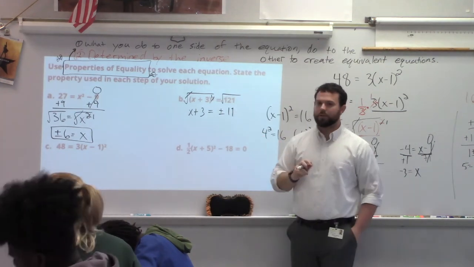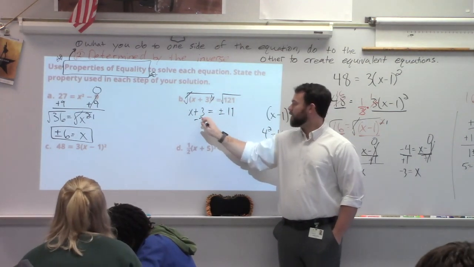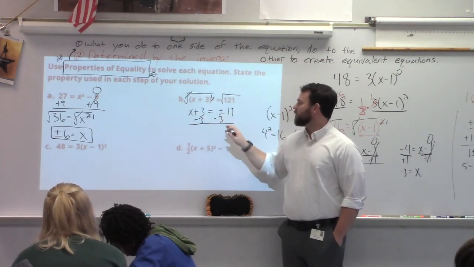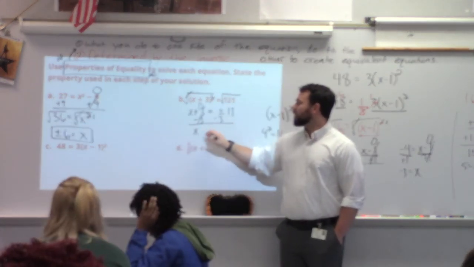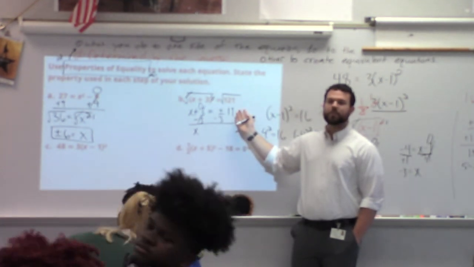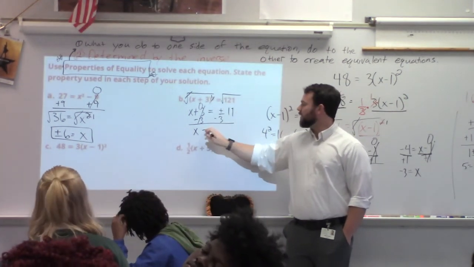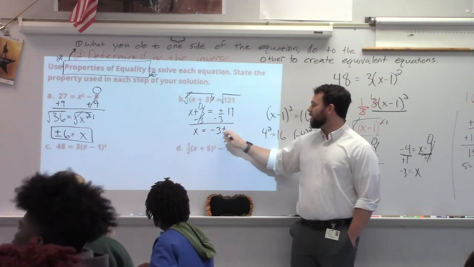So now what can I do? Subtract 3 to make a 0, and then do it on both sides. Now, can you have made this two different equations? Plus or minus 8? It's not plus or minus 8. That's why you need to be careful.